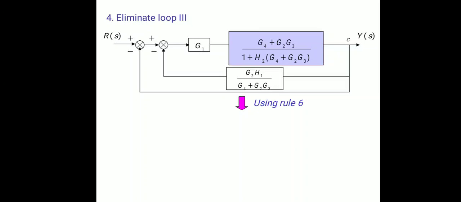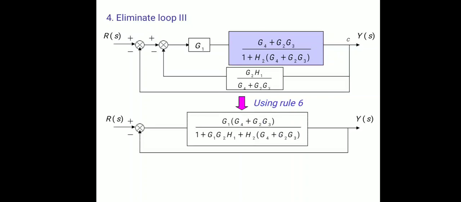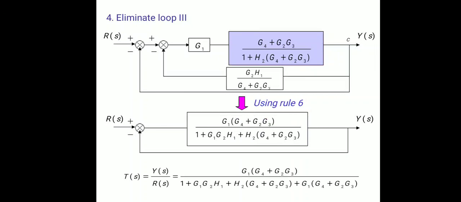Then again we'll use the minor feedback loop rule, G upon 1 plus G into H, and finally the feedback loop rule again with unity feedback. So the answer for the transfer function is G1 into G4 plus G2 into G3 divided by 1 plus G1 G2 H1 plus H2 into G4 plus G2 into G3 plus G1 in bracket G4 plus G2 into G3.